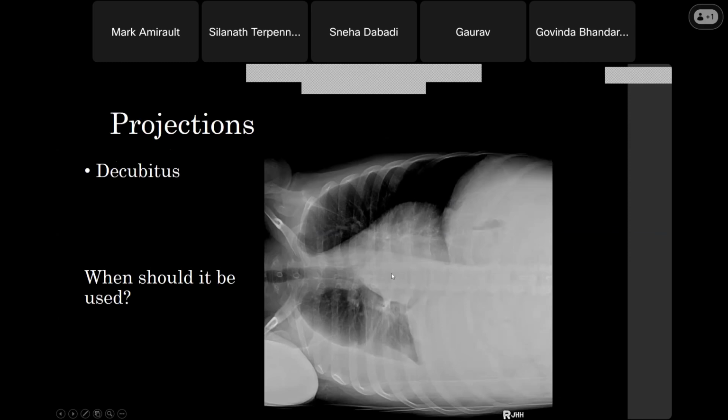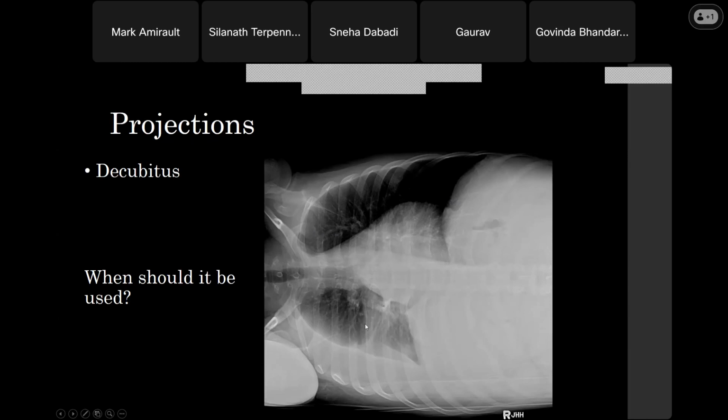Decubitus views are much more common in pediatric patients. In adults, rarely will we get these. I would say here at Wake Forest University, we don't really get these on adults. But as in this case, you can make pleural effusions much more obvious.